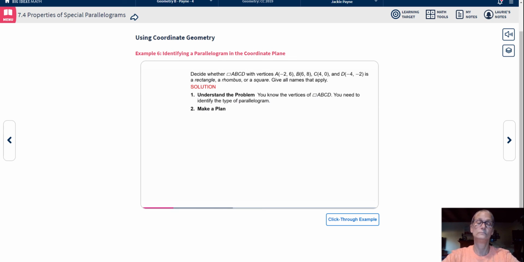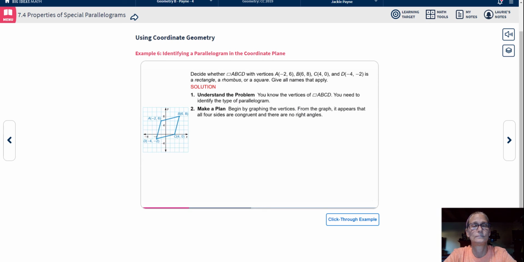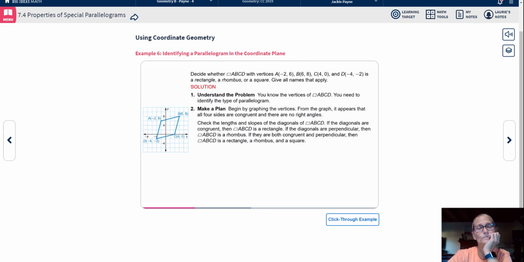Step 2. Make a plan. Begin by graphing the vertices A(-2, 6), B(6, 8), C(4, 0), and D(-4, -2), and connecting them. From the graph, it appears that all four sides are congruent and there are no right angles. Check the lengths and slopes of the diagonals of parallelogram ABCD.